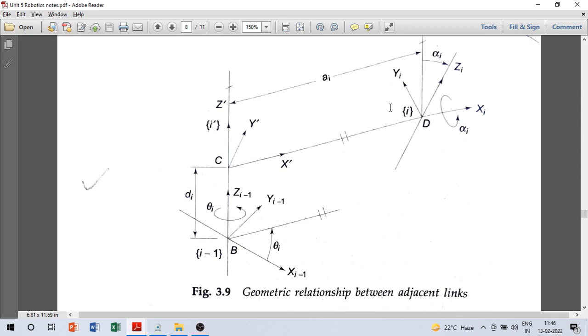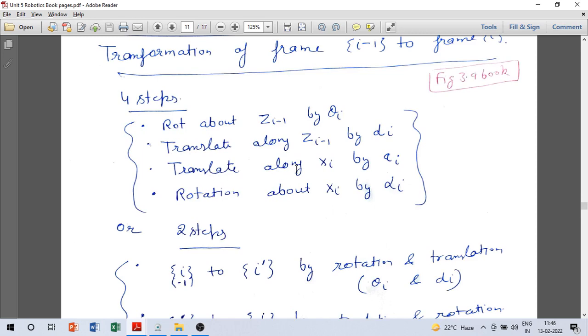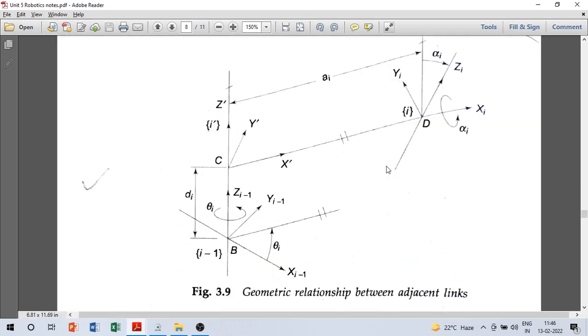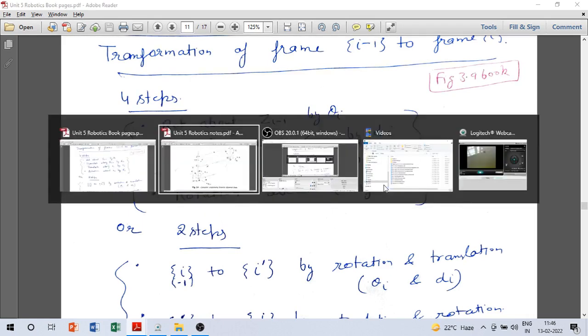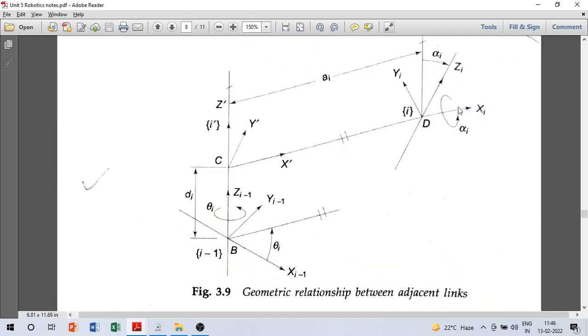And then in going from i dash to i, you can think of 2 more steps. One is translation along xi by distance ai. You reach from point C to point D. And then one more step, which is rotation about xi by angle alpha i. So you will end up with this frame i.